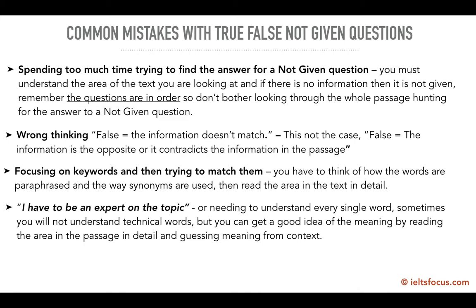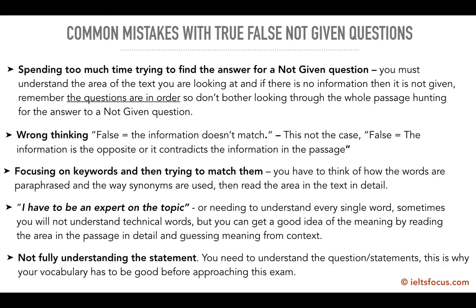You have to develop this skill of understanding the meaning from the context. And in many cases, the reading will give you some kind of definition. So you don't have to be an expert. And some people don't fully understand the question or the statement. So you have to really understand the statement, what it's actually asking of you.